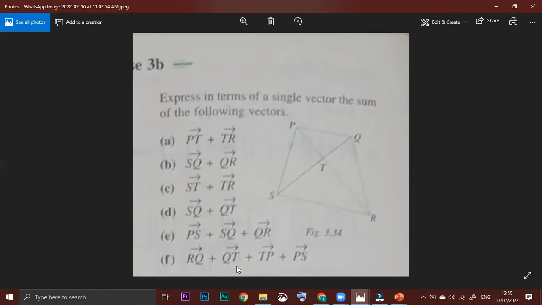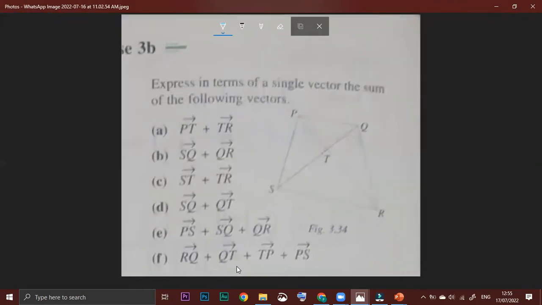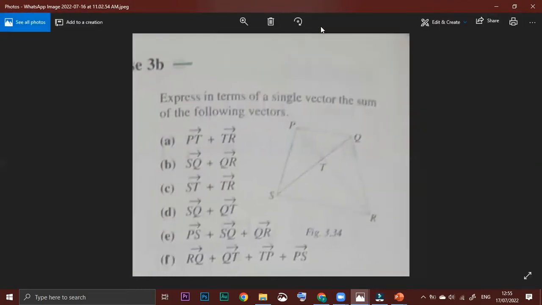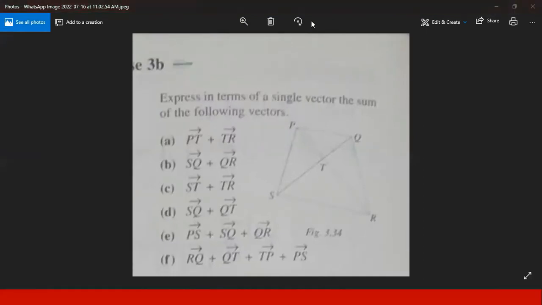PT plus TR. This vector is PT. This one is the direction of PT.